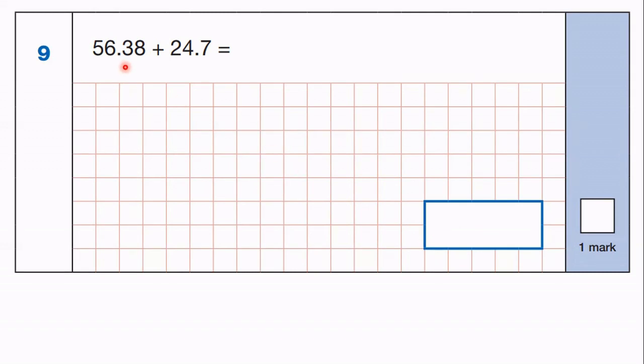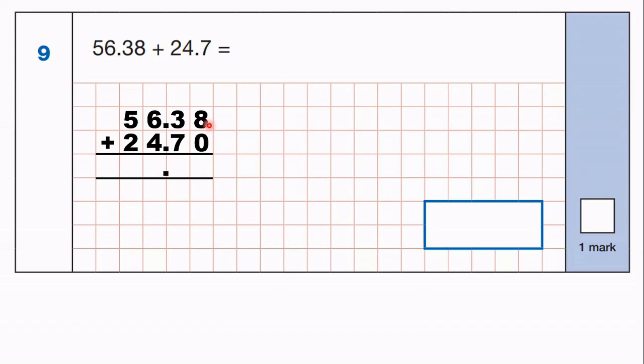Question 9. 56.38 plus 24.7. If we write this out as a column addition, we need to remember to keep our decimal points lined up, so that our digits are in the right place value columns. We can write 0 in empty spaces, and we need to remember to put the decimal point in our answer as well.